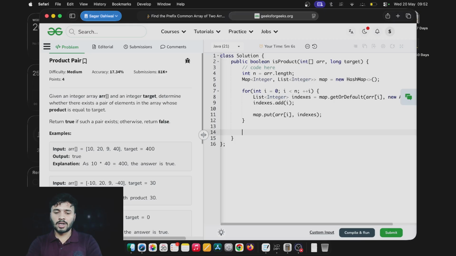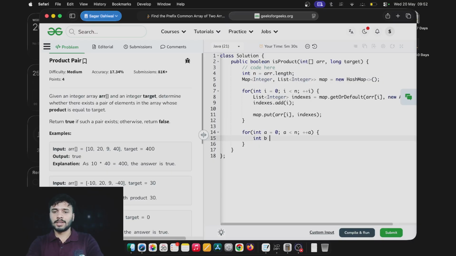Now we have this map. Now A is equal to 0, A is less than N, A plus plus. And we need B, right?